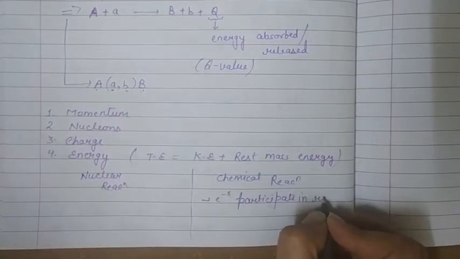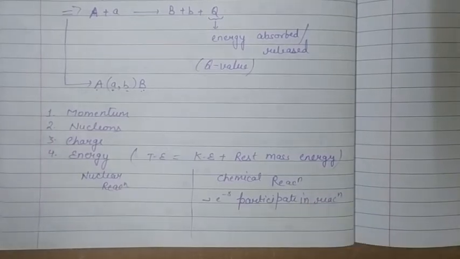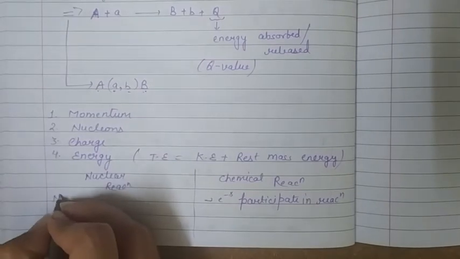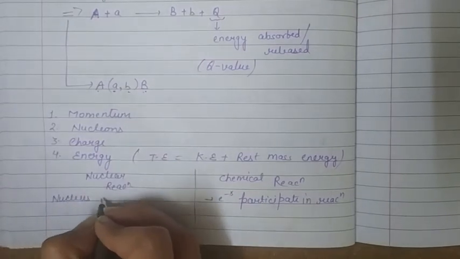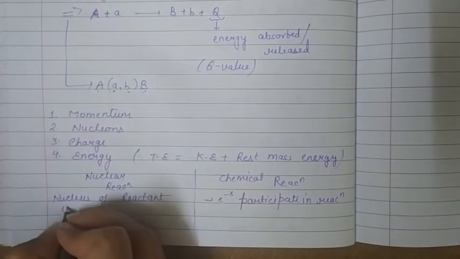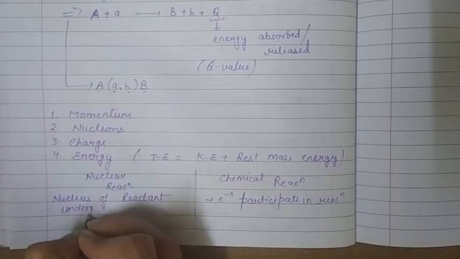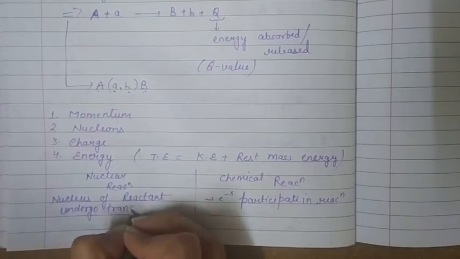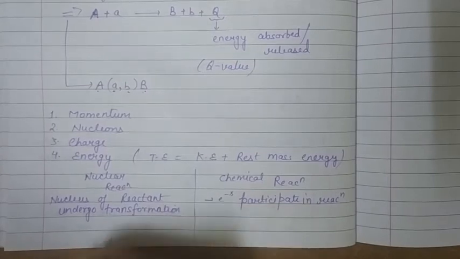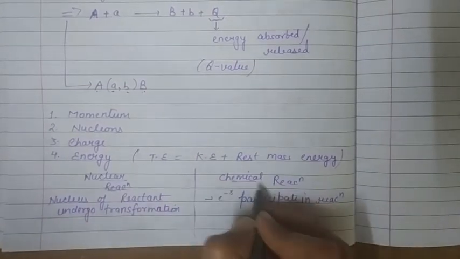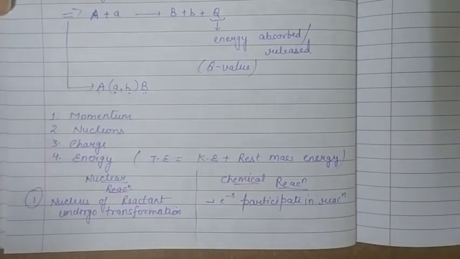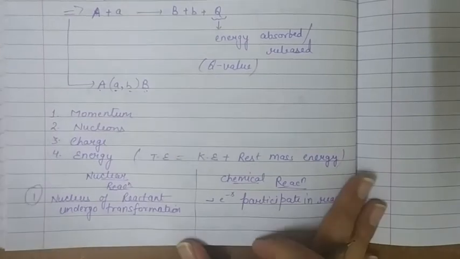There is no participation of the nucleus in a chemical reaction. However, in a nuclear reaction, the nucleus of the reactant undergoes transformation. So this is the first difference: in a nuclear reaction the nucleus is involved, while in a chemical reaction only the electrons revolving around the nucleus participate.